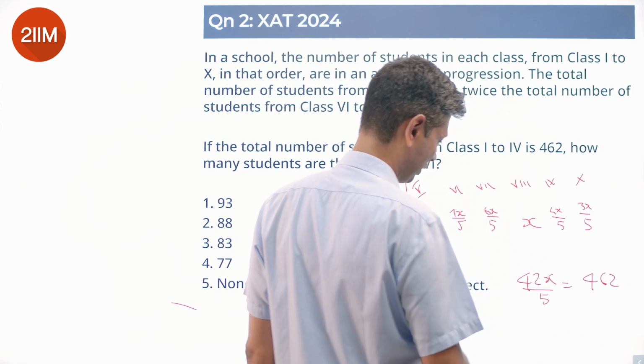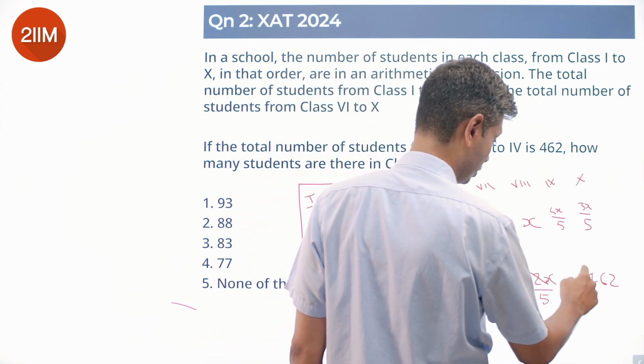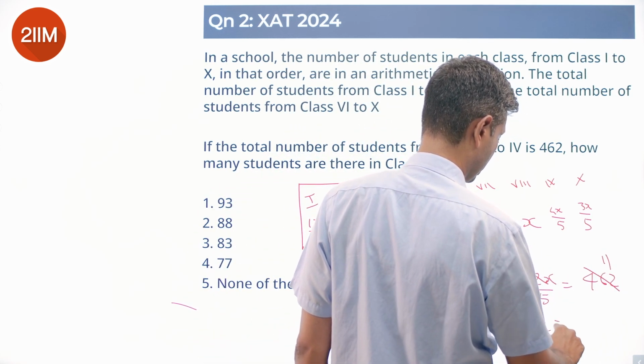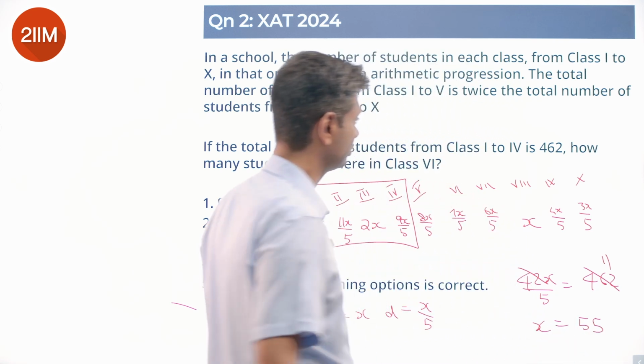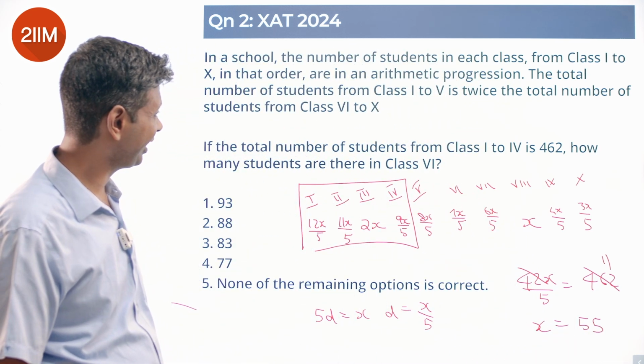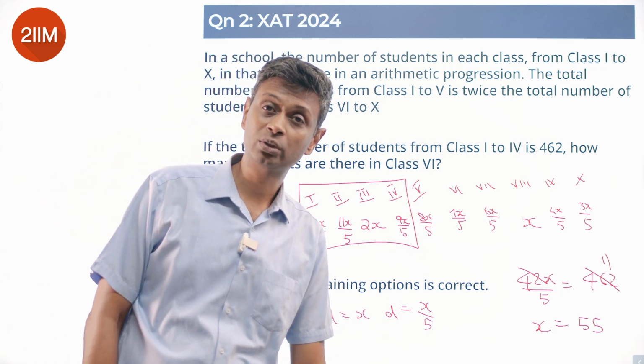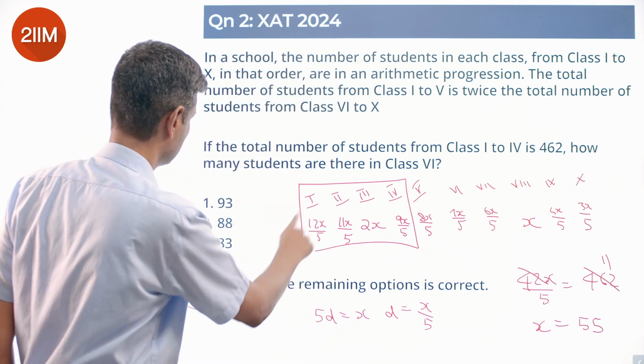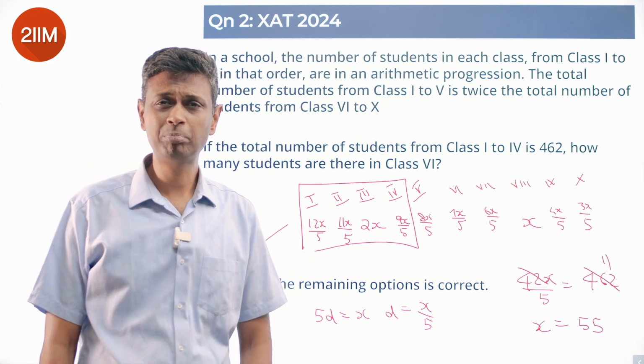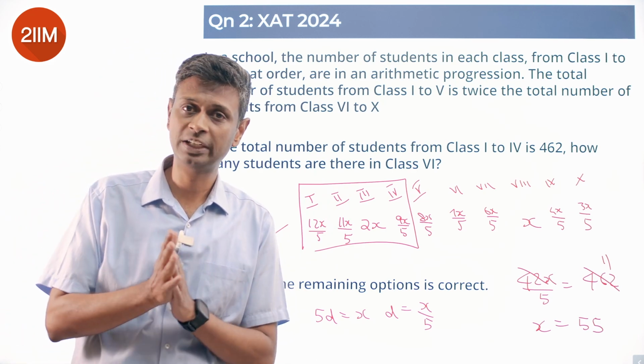There's a nice multiple of 11, 42 into 11 is this. So x is 55, brilliant. So we've got everything. Then how many students are there in class 6? Class 6 is 7x by 5, 55 into 7 by 5, 77. Once we pick that the middle term is the average of 5 terms, we are through.